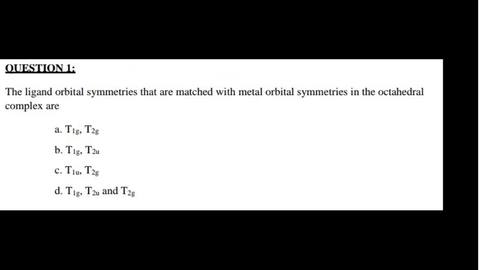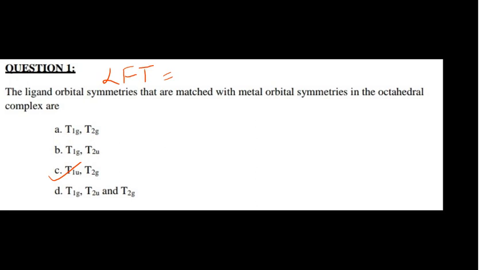The ligand orbital symmetries that are matched with the metal orbital symmetries in octahedral complexes are... So guys, this problem is based on ligand field theory. If you have learned ligand field theory correctly, then obviously you will answer T1u and T2g; they are the ligand orbital symmetries in that case.